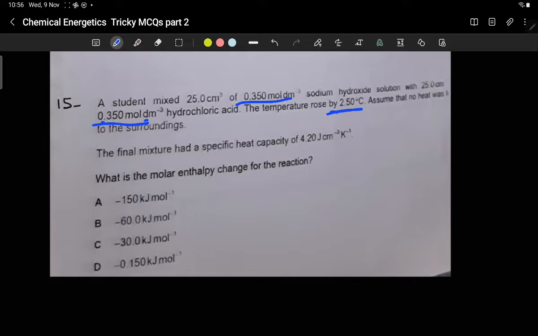The final mixture had a specific heat capacity of 4.20 joule. So first, heat released is equal to mc delta T. M is the total mass, 25 plus 25, volume is equal to mass, that is 50. Specific heat capacity is given, 4.20, into temperature rose by 2.50.